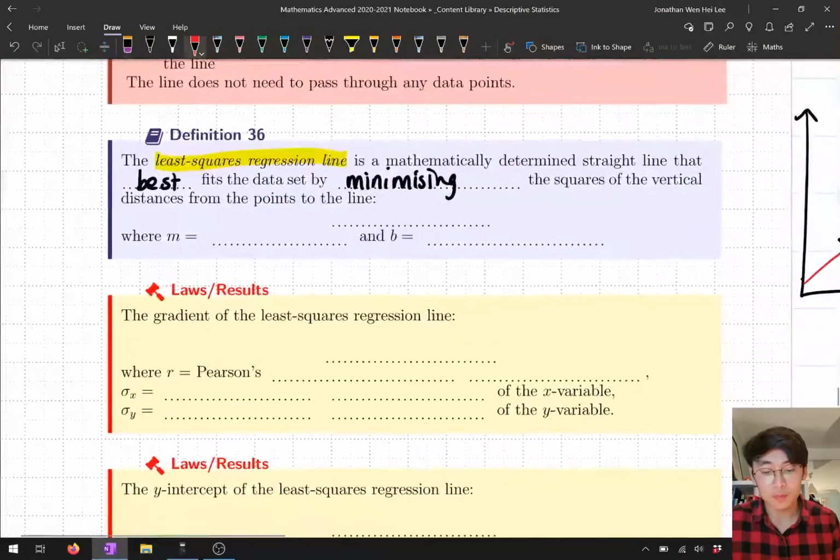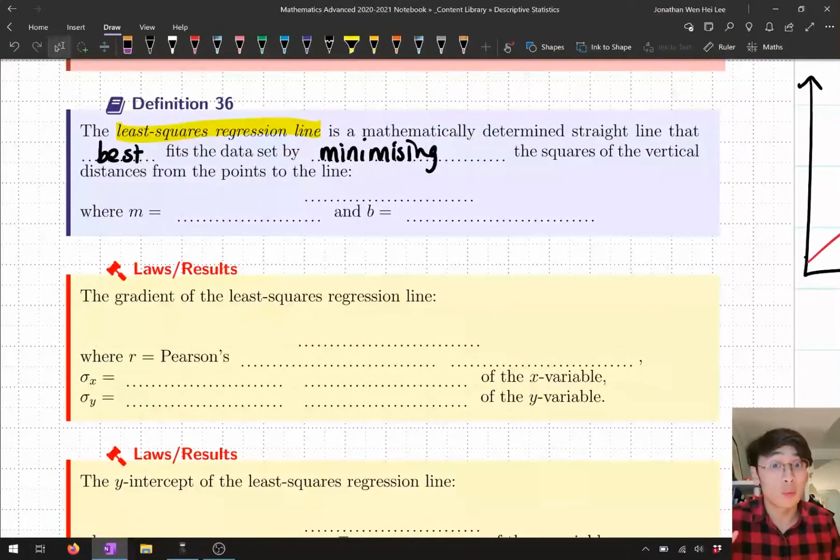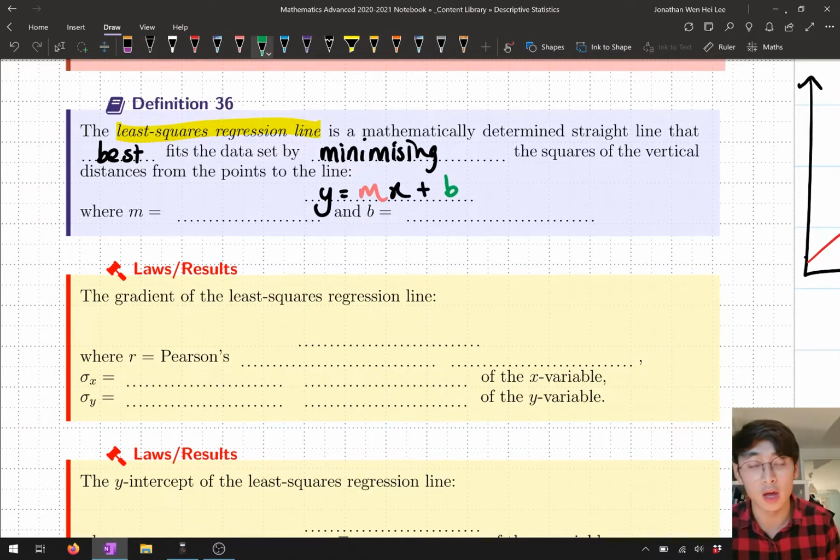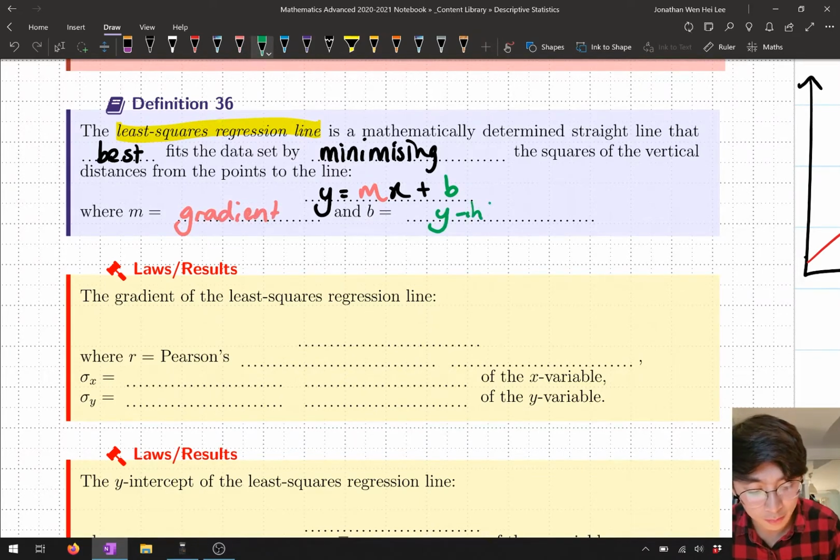Now, because it is a straight line, it follows the same rules as a regular straight line. So it follows the equation of a straight line, in the form y equals mx plus b. And m, as we said in our linear relationships, when we started talking about this all the way back at the start of Year 11, is just the gradient of our line, and b is the y-intercept.